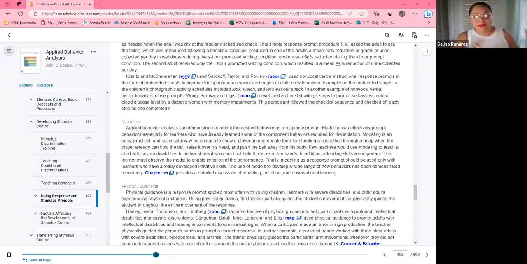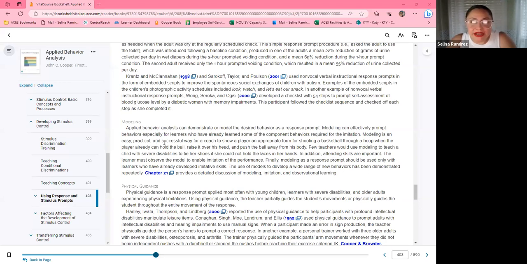So with a model, I'm going to be next to him at the sink, showing him quietly what comes next. So modeling the desired behavior. This one can be an effective prompt, especially for learners who have learned some of the component behaviors required for imitation. So make sure they have the prerequisite skill, which is being able to imitate. You're not going to want to use model prompts for a client that doesn't imitate. That would be silly.